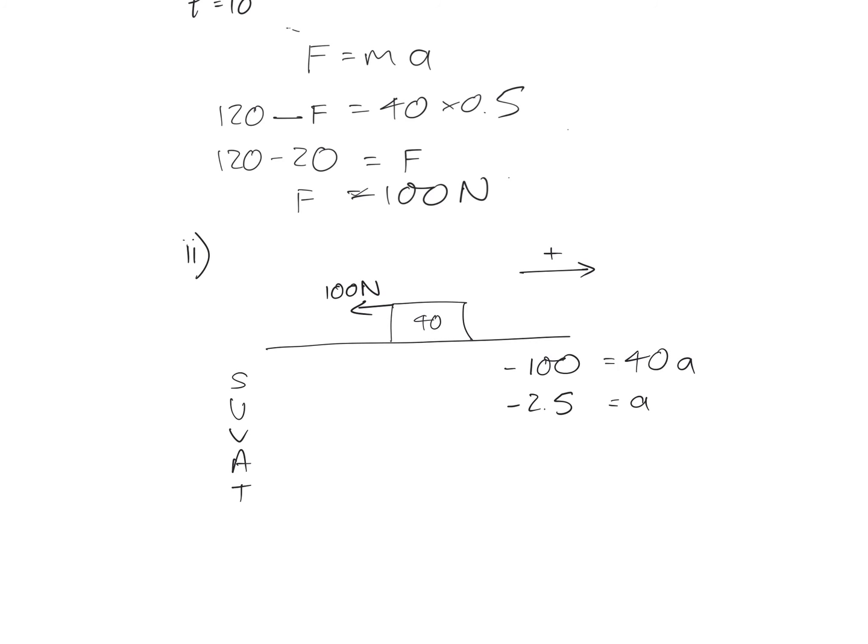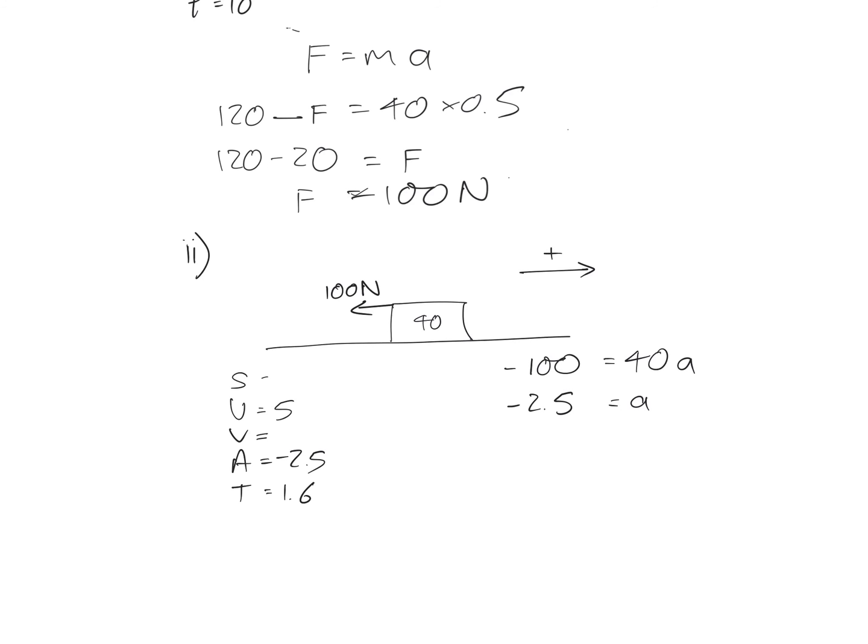So it then says we want the speed 1.6 seconds after the road brakes and 6 seconds after the road brakes. So S equals, we don't want S, U equals 5, V we're after, A is minus 2.5, and T we're given.